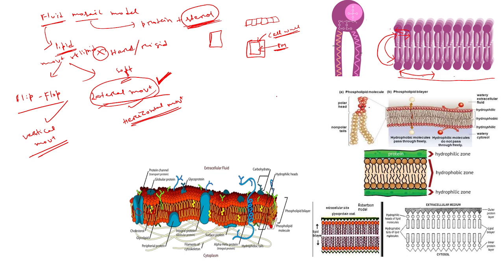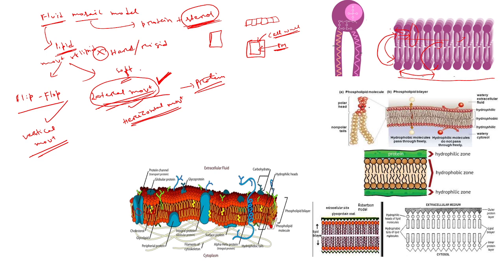Along with the lipid, let us say some protein is present inside. The protein is also moved, but only in the lateral movement. That means the protein can move only laterally, in one leaflet only, but it cannot move like the flip flop. That means the protein cannot go from one layer to another layer, but the lipid can.